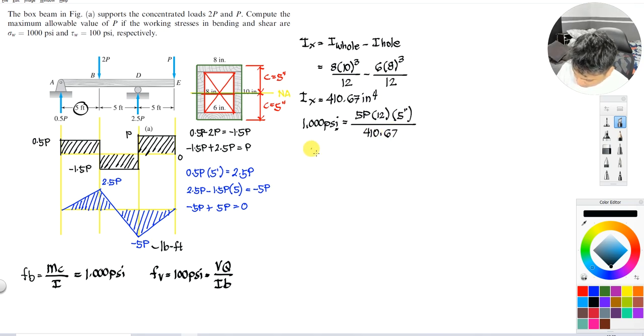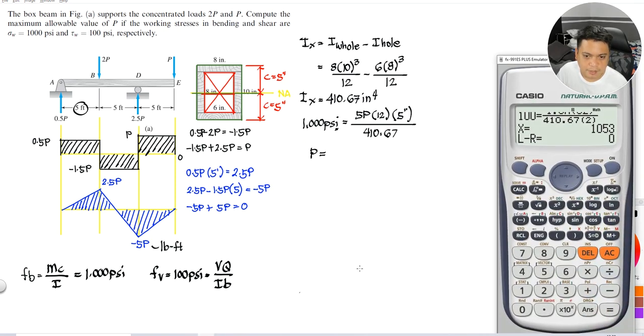So, let's now try to find the value of P based on the bending. Okay? So, yan. Try natin. We can have it as 1,000 equal to 5. Again, you can have it as X times 12 times 5 all over 410.67.